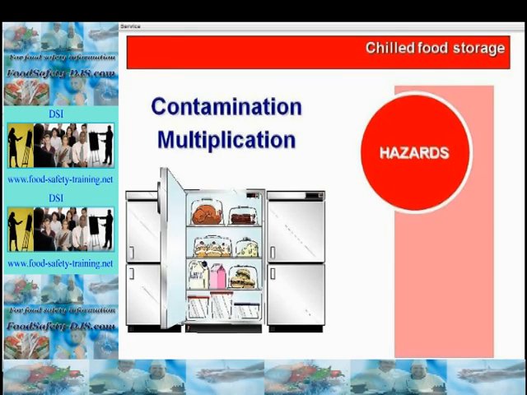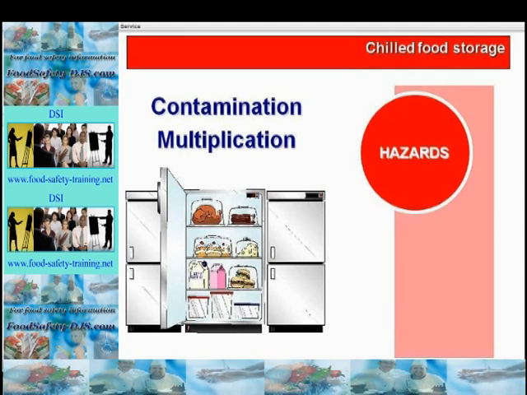Under Regulation EC 852/2004, where necessary, provide suitable temperature-controlled handling and storage conditions of sufficient capacity for maintaining foodstuffs at appropriate temperatures, to be monitored and, when necessary, recorded. The hazards here are contamination and multiplication.